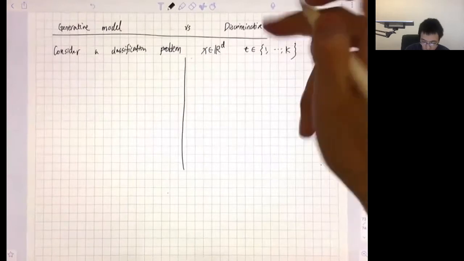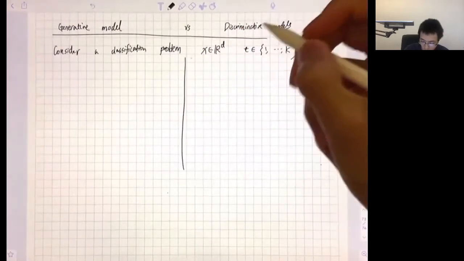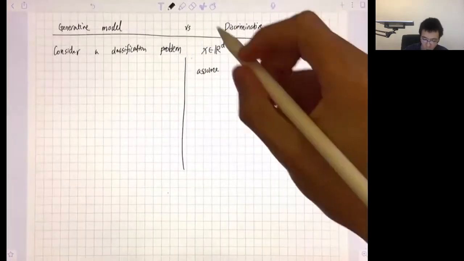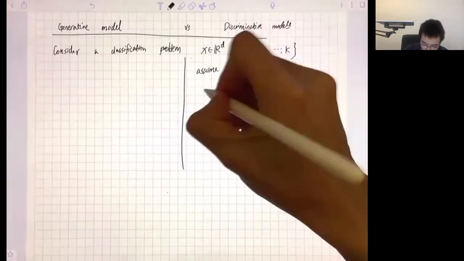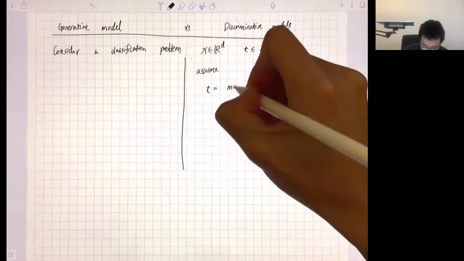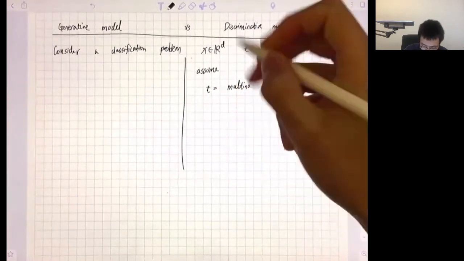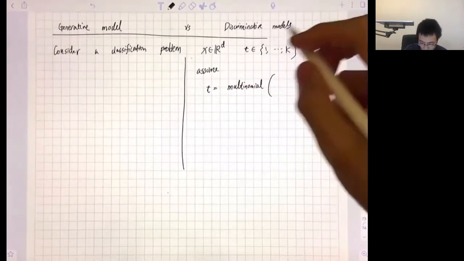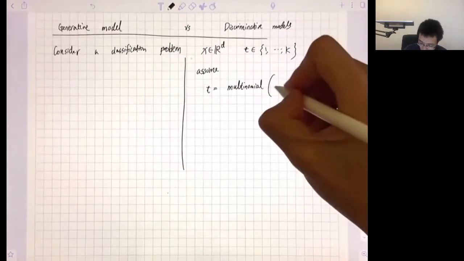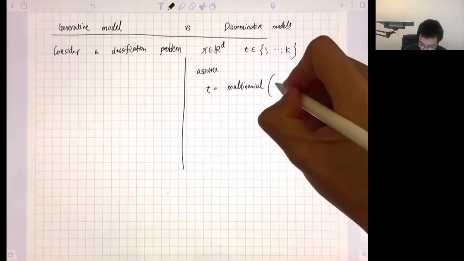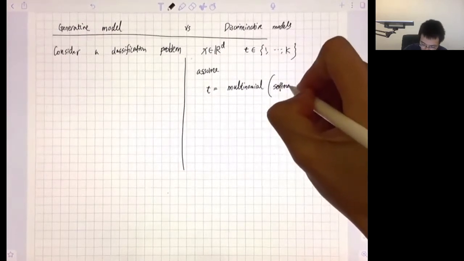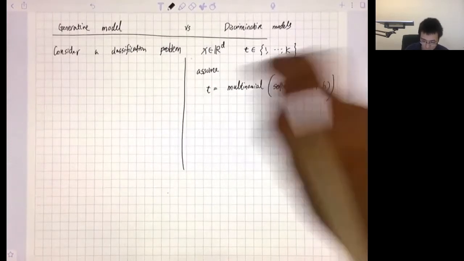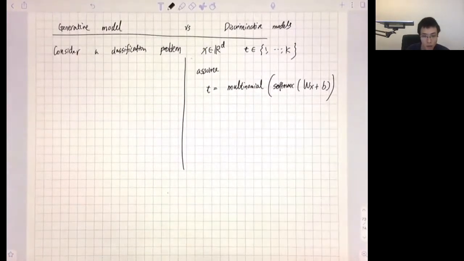So we know that in discriminative models, I assume my target is a multinomial distribution or categorical distribution where the parameters are some softmax of Wx plus b, okay? That is my model assumption.